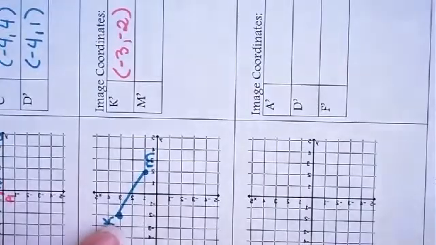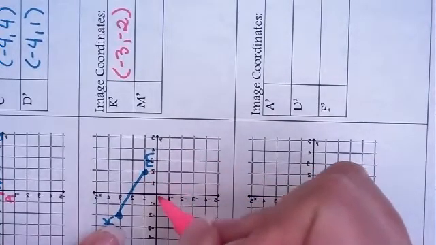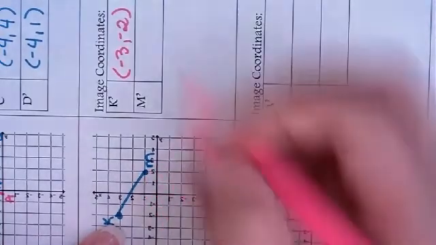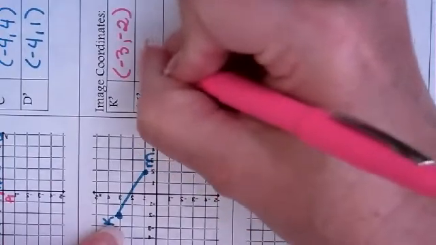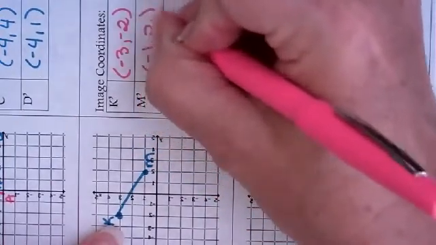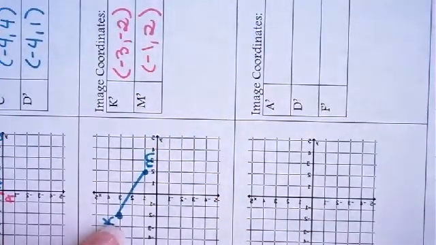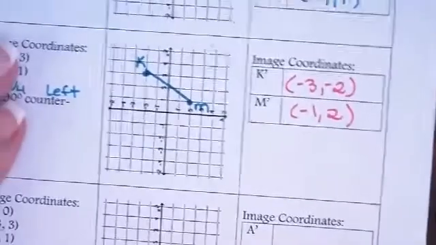Okay. M is now at -1, 2. Okay. And after I write those down, what do I need to do? I just need to turn my paper back around and graph those 2 points.